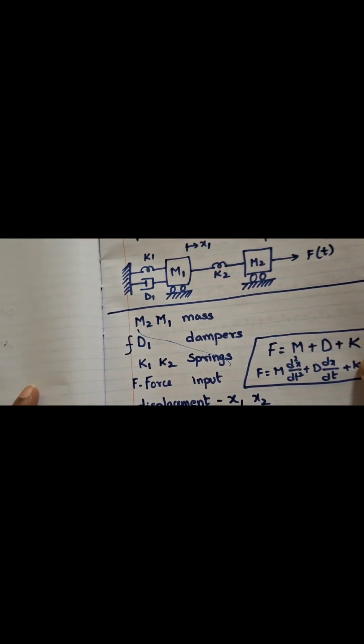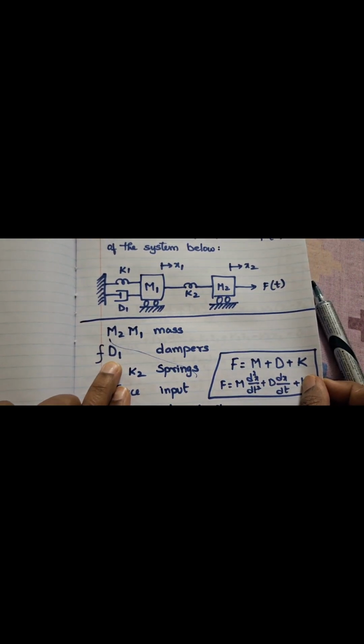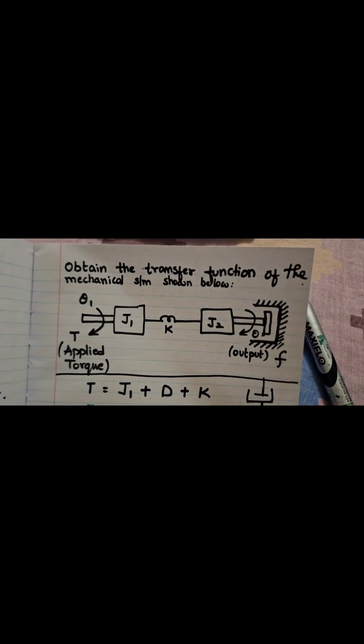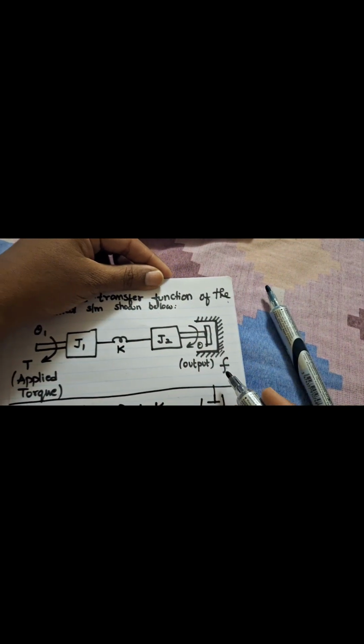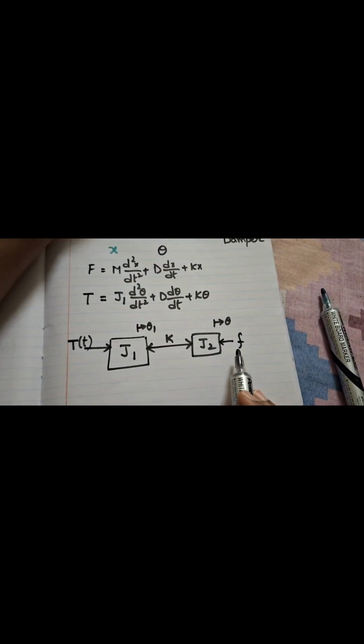Damper can be represented as D or F also. So in this problem it is represented as F. So it means to J2, F is connected. So in this system F is connected.